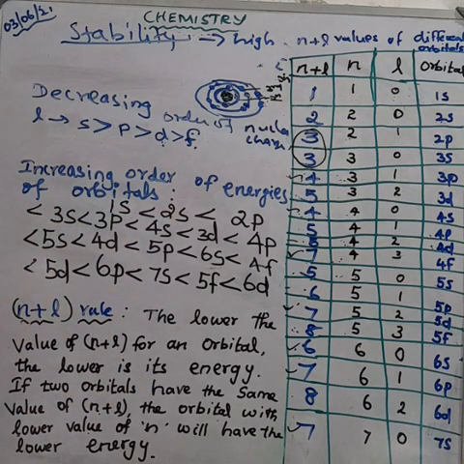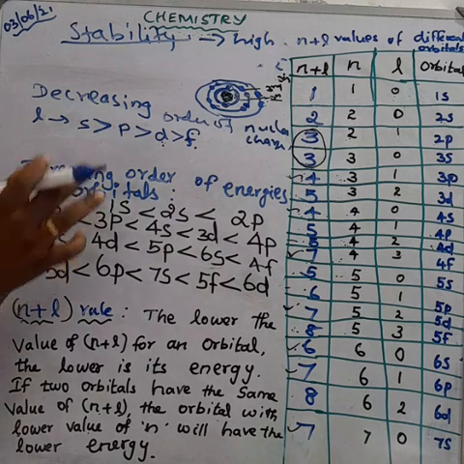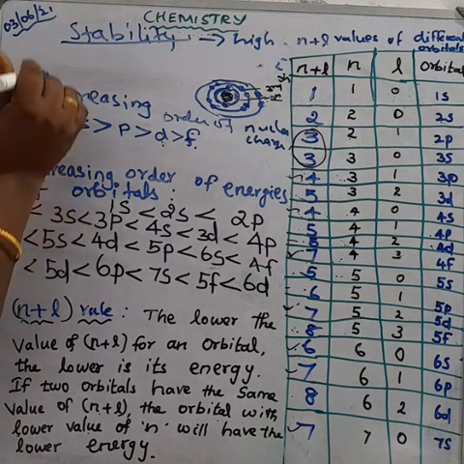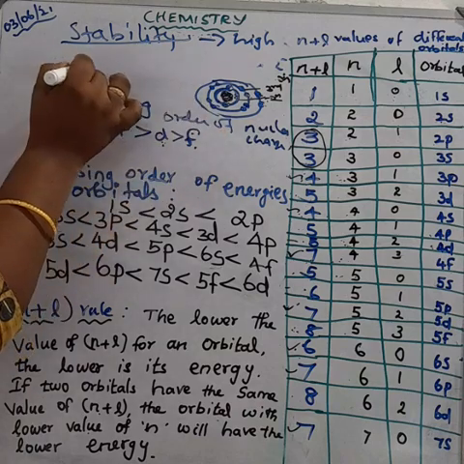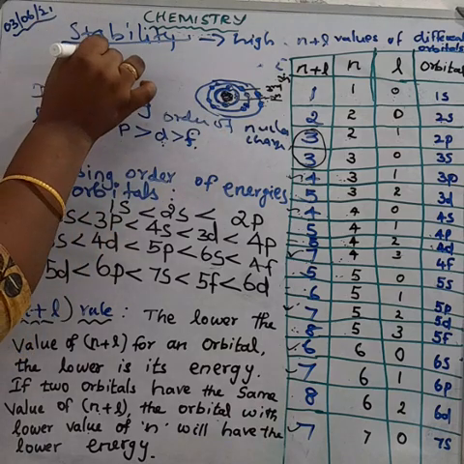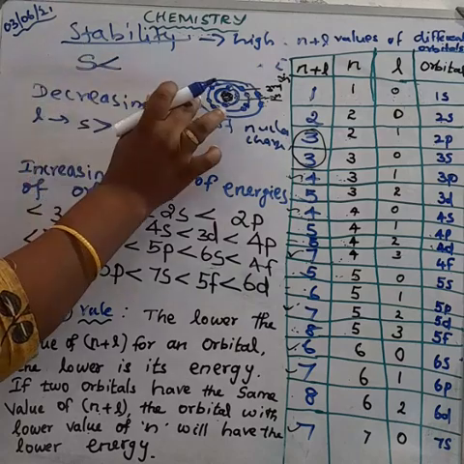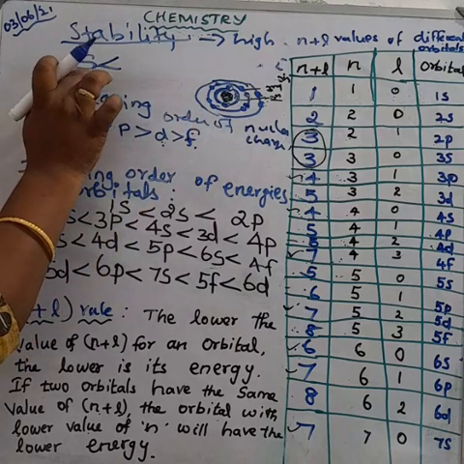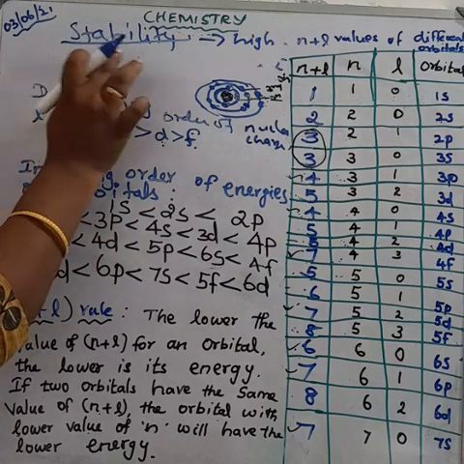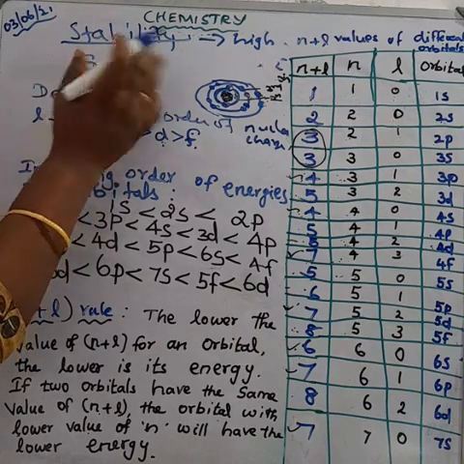Okay, so the energy. When we talk about the energy, you already know for the s orbital, the n value will be low, so the energy will be low. The s orbital, p orbital also have very low energy.